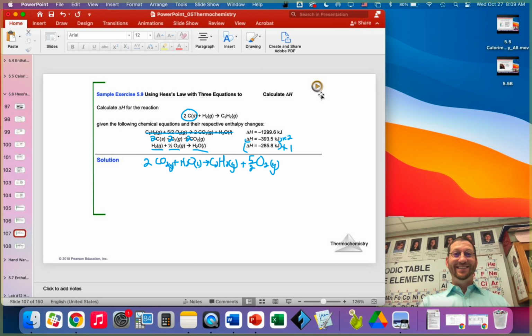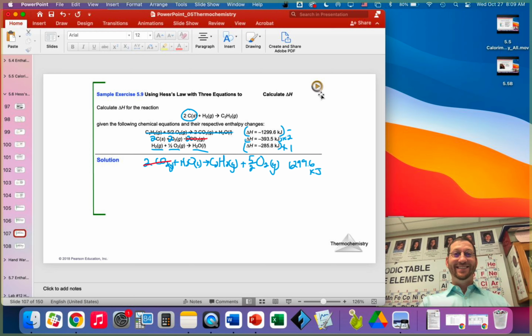And when we flip that, we would get positive 1299.6 kilojoules. Now is kind of the fun part, just making sure everything cancels out. So we have 2 CO2 gases there, 2 CO2 gases there.